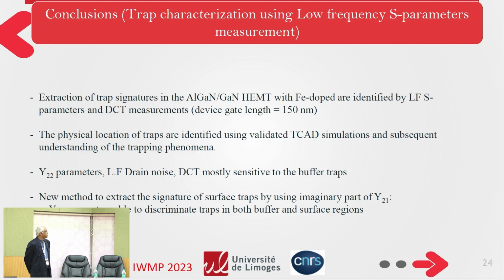Y22 parameters, and even DCT, are mostly sensitive to the buffer traps, and even low frequency drain noise also, though I don't show it to you. So there is a new method to extract the signature of surface traps by using the imaginary part of Y21. As I showed you, Y21 parameters are able to discriminate traps in both buffer and surface region.